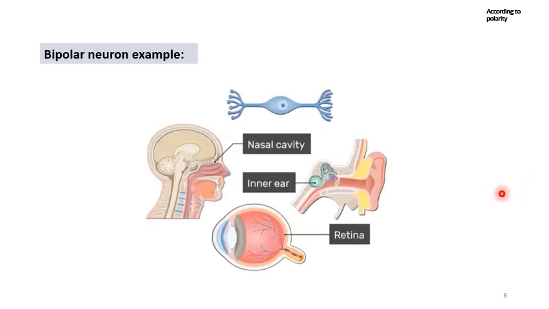Bipolar neurons are sensory neurons. They are present in the nasal mucosa, in the olfactory epithelium, in the inner ear, and in the retina. They carry special senses, that is olfaction, hearing and equilibrium, and vision.